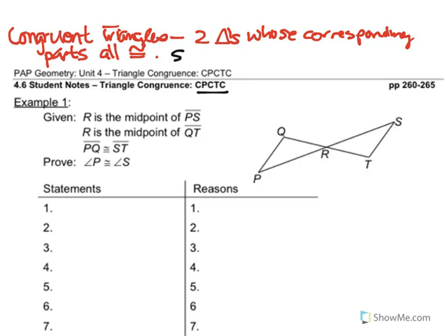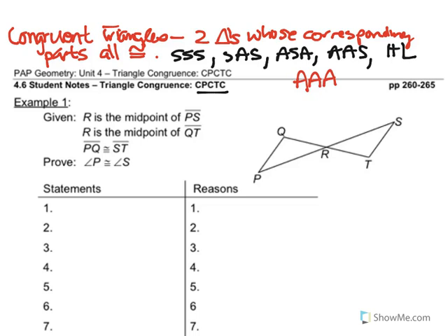Okay, so hopefully you have side, side, side; side, angle, side; angle, side, angle; angle, angle, side; and hypotenuse, leg. And remember, there's 2 ways that won't work, and I'll do those in red because they're no good.